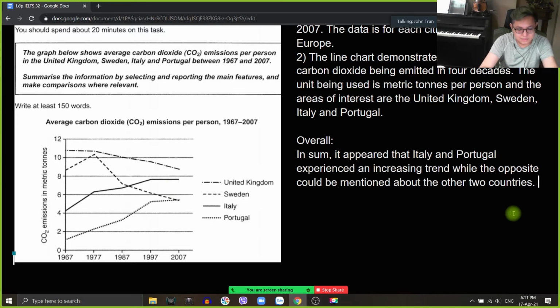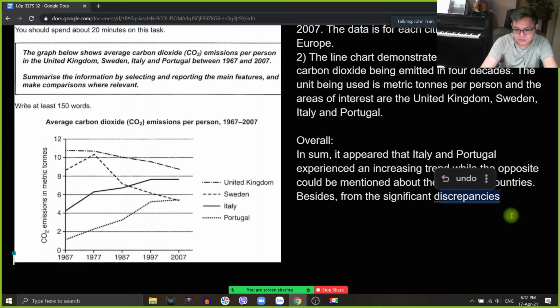The two countries. Besides, from the significant discrepancies, từ những cái sự khác biệt đáng kể. Discrepancies means like differences, you know.